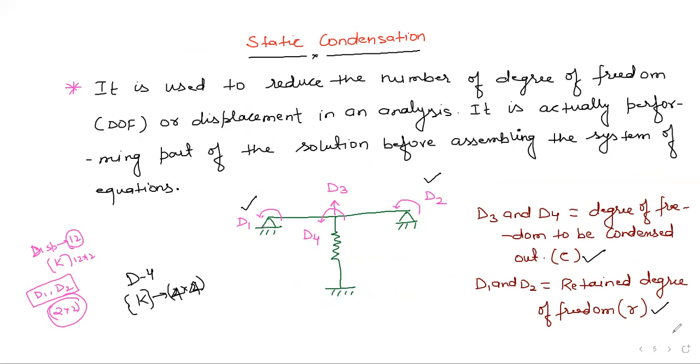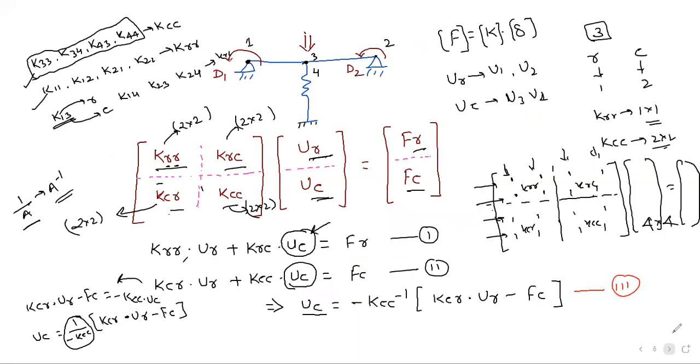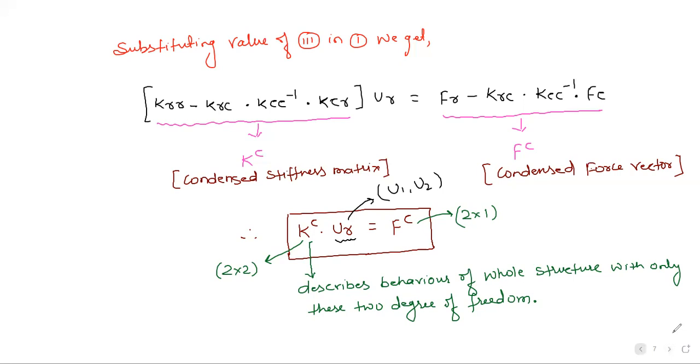Performing part means the whole structure is going to be described by only this K of C. Even though here the degrees of freedom considered are only 2, since the total is 4, still this will describe the whole structure. Why will it describe?